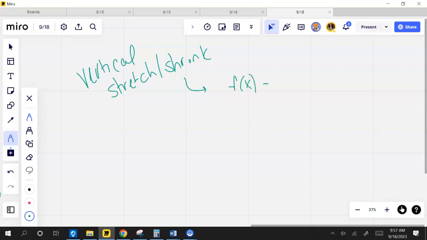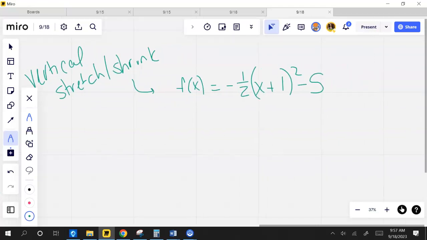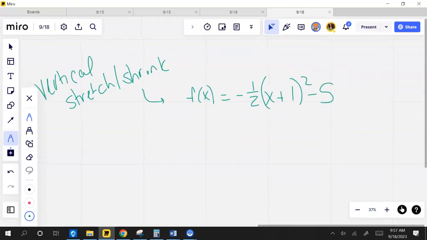So if I gave you, let's say I did this, tell me all the transformations that are happening to this parent. First of all, what is the parent for this one? It's a quadratic, so it's just x squared, right? Tell me the transformations that are happening.